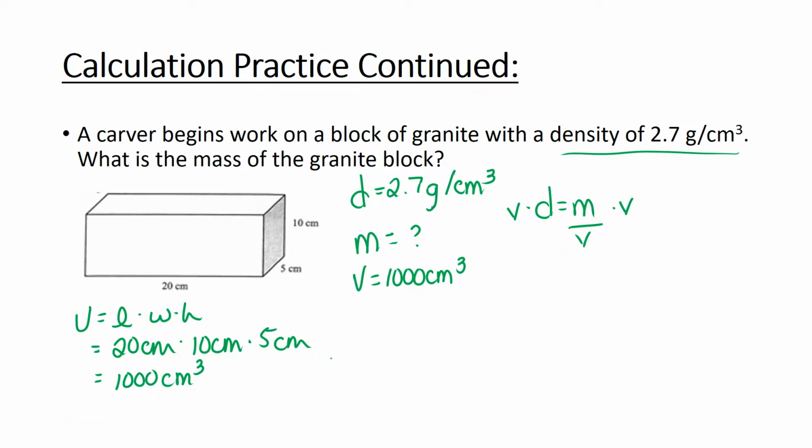So what we really want is that mass is equal to my volume multiplied by my density. Substituting in my volume of 1,000 cubic centimeters, density is 2.7.